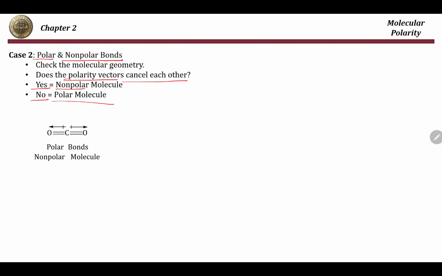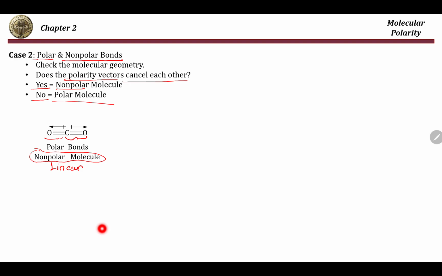For example, in CO2, we have two polar bonds, the CO bond on the right side and the CO bond on the left side. In this case, because of the geometry of the molecule, which is a linear geometry, the polarity vectors cancel each other. And that's why overall the CO2 molecule is considered as a nonpolar molecule.